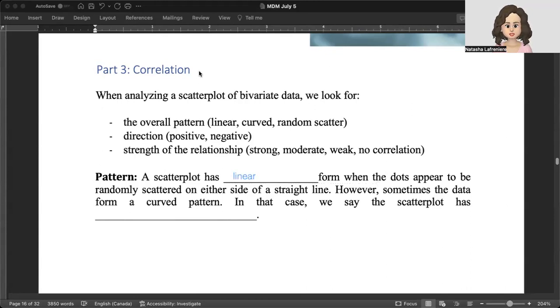Again, linear would be like this, so a line, when the dots appear to be randomly scattered on either side of the line. However, sometimes the data form a curved pattern. Your curved would be something like this, or it could be like that. In that case, we say the scatter plot has a non-linear form.